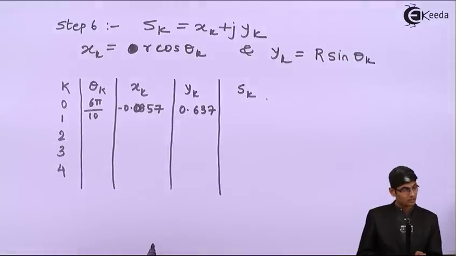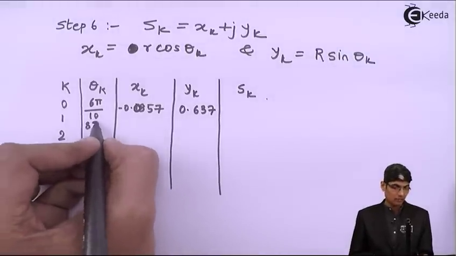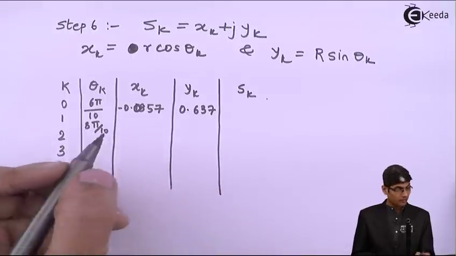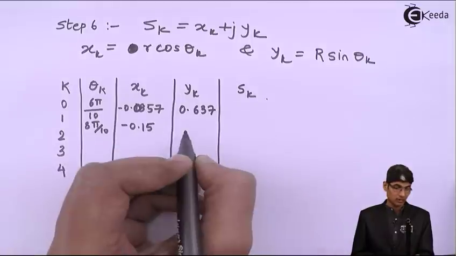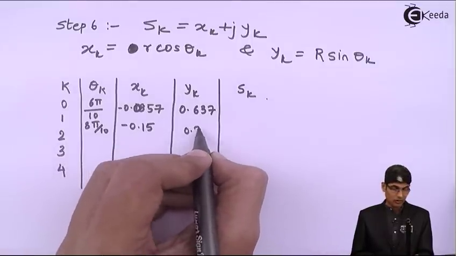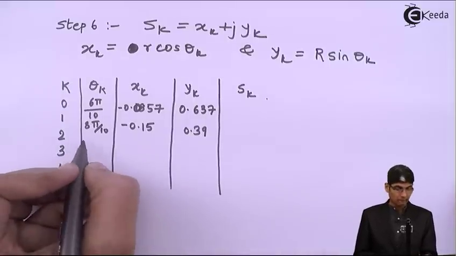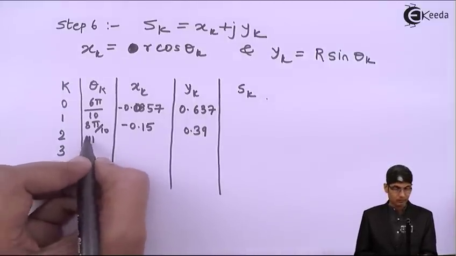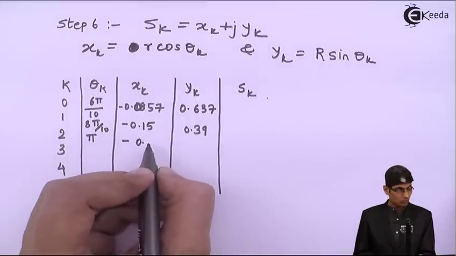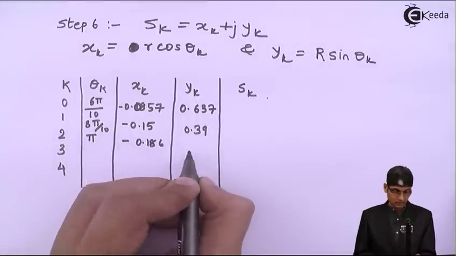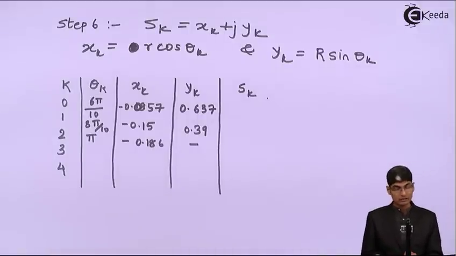For k is equal to 1, the angle is 8 pi by 10, and the values that I am getting are minus 0.15 and 0.39. Okay, for 2 the angle was pi, and the S2 will be minus 0.186 and nothing, because if you put pi over here, sin pi is going to be 0.